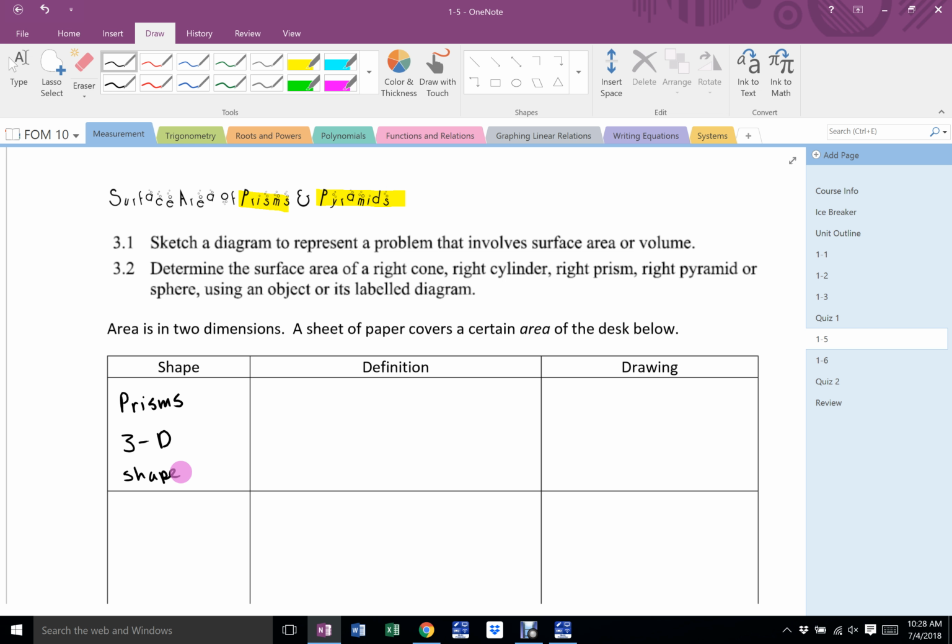Now, what happens, though, if I were to lie down? Now what's my height? It's my fat belly, right? Why? How do we measure height?